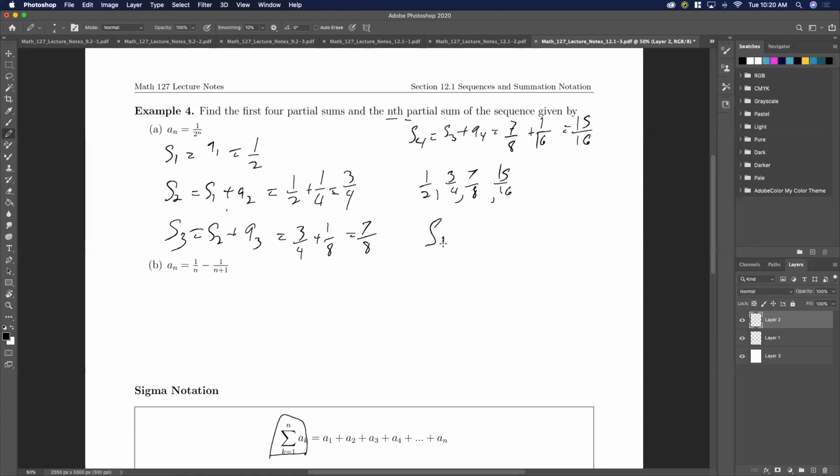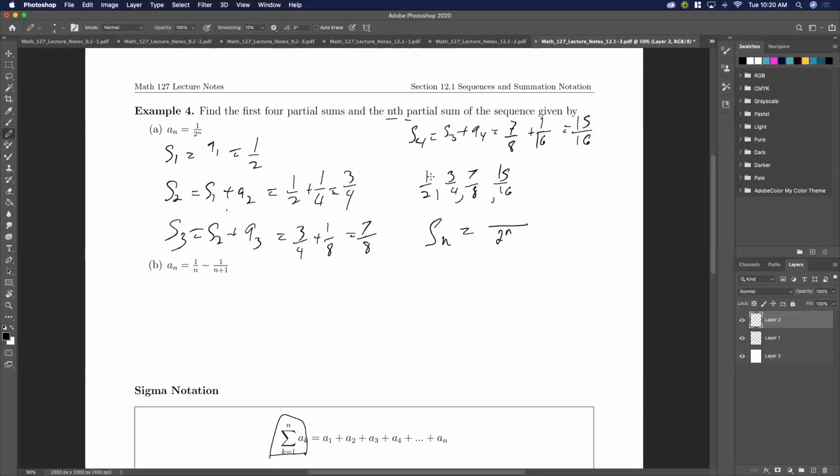So in general, what's Sn? What's the general answer here? Notice here, split it top and bottom. And so here on the bottom, we have just powers of 2. So this would be 2 to the n, right? So this is 2 to the n.